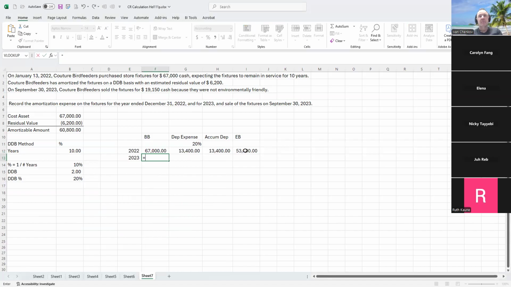That's our beginning balance in the second year, and then we're going to have again 20% for the entire year. This one times 20%. Okay, so we have what we need. So let's do the first one. We have to show the amortization for the first year.